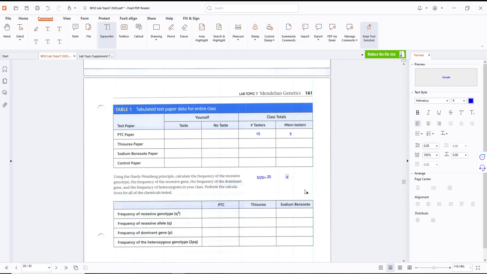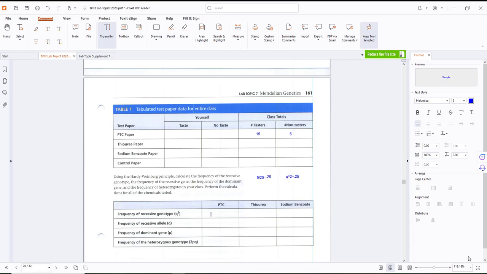That means that q squared, I'm just going to use a caret for squared, because I know that q squared, the non-tasters, the homozygous recessive, is 0.25. So how would I figure out what q is if q squared is 0.25?